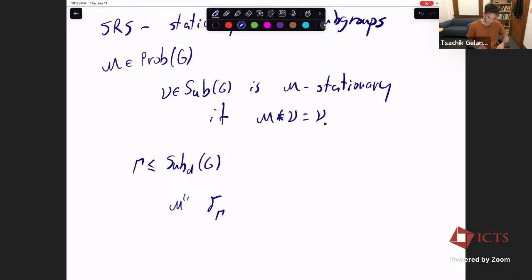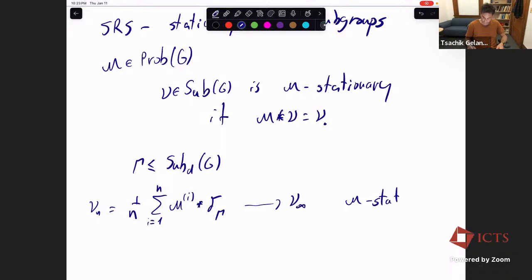So you look at convolutions, convolve i times, and then look at the ergodic averages of this. This does not necessarily converge, but the space of measures is weak-star compact, so there is a limit, and the limit will be mu-stationary.